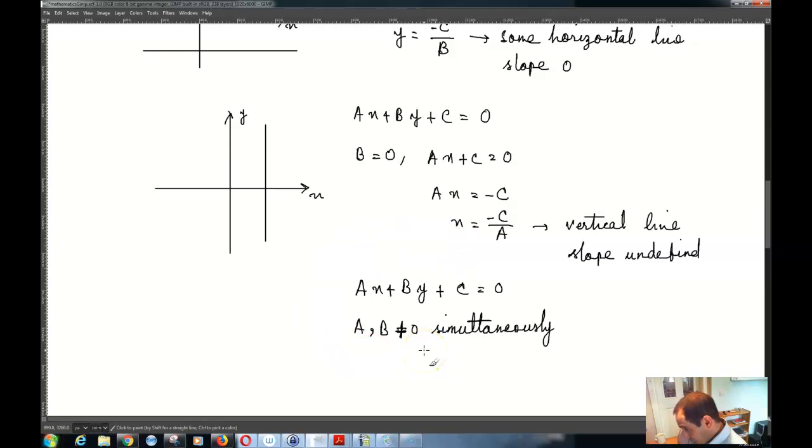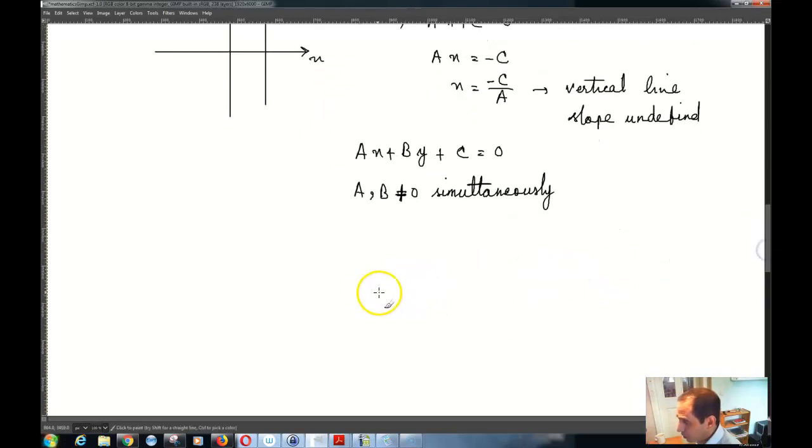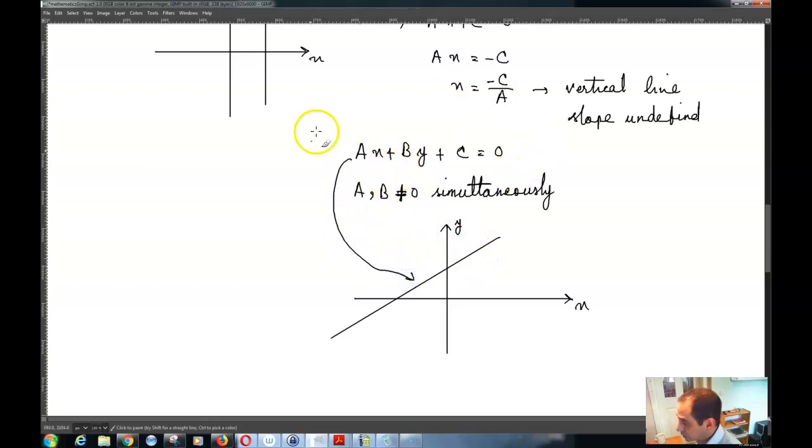So in that case, the graph of this equation is going to be some straight line, for example, some line like this. This is the x-axis, this is the y-axis, and this line is the graph of this equation.